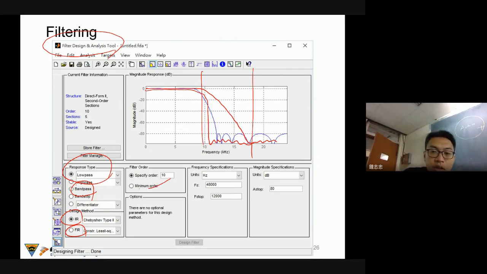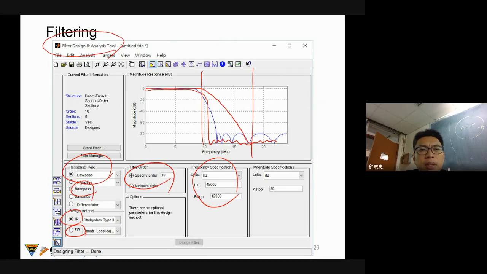And of course, you can use your order, okay, and with the specified range of the frequency as a criteria. Okay. So this is the filtering toolbox in the MATLAB.